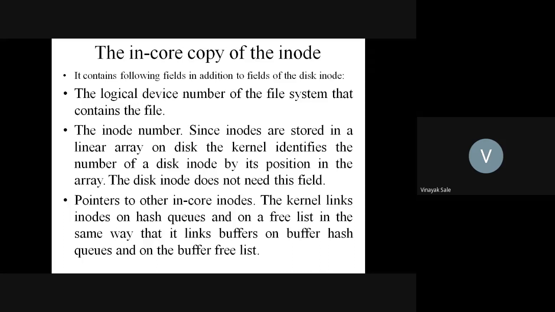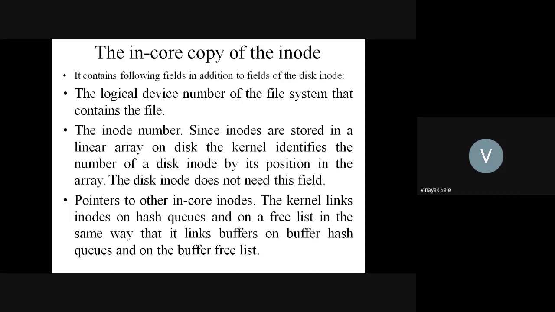The inode number: since inodes are stored in a linear array on disk, the kernel identifies the number of a disk inode by its position in the array, and the disk inode does not need this field.